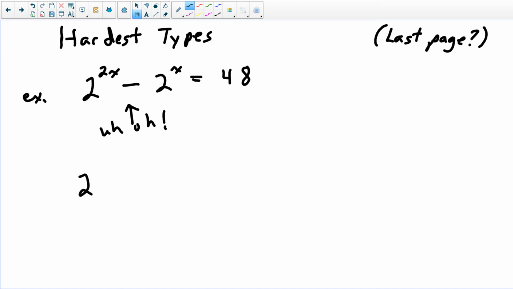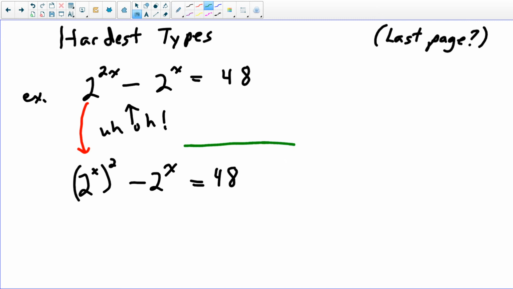I can write this like that. And as soon as I do that, this equation now has a power of 2 in it. And as soon as you have a power of 2, that usually means that the equation is quadratic.